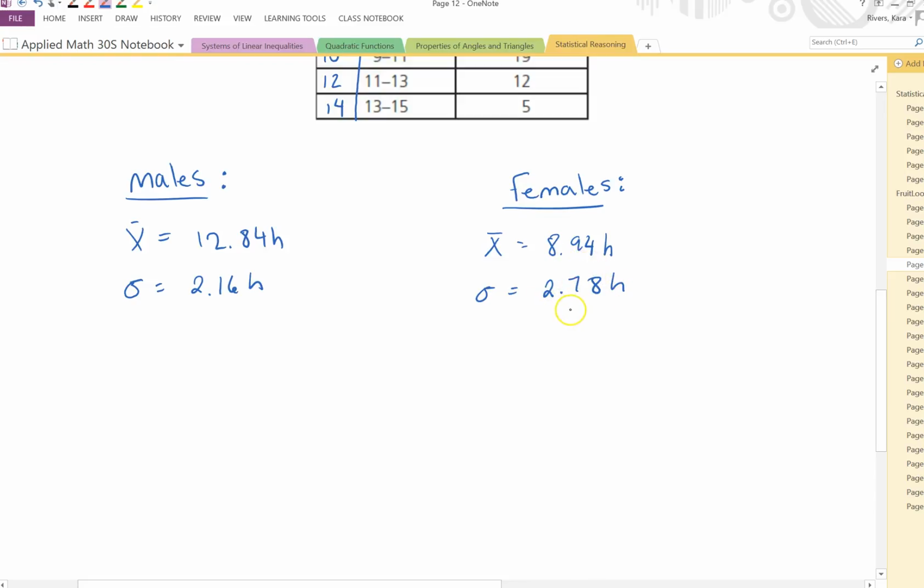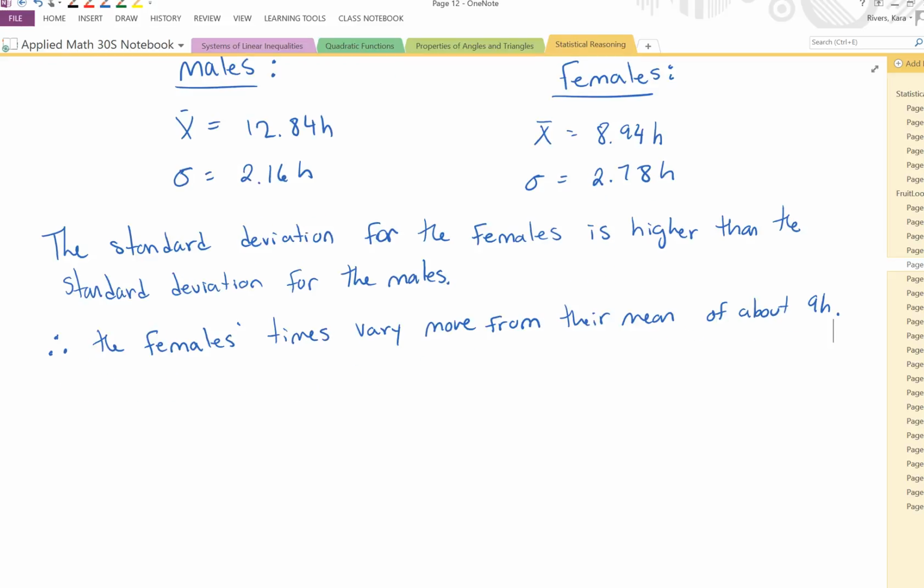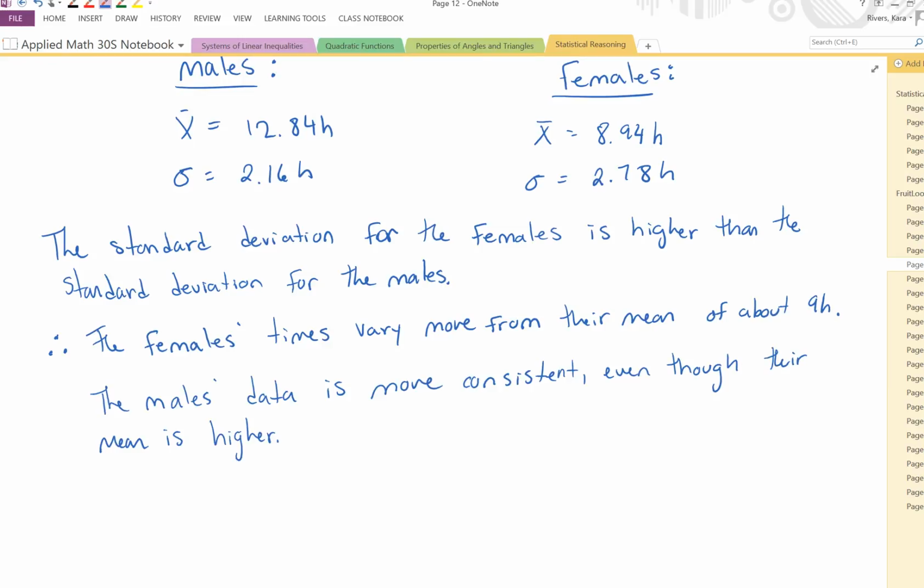There's a bigger dispersion. So it's almost a 3-hour difference between the averages. Summarizing our data, the standard deviation for the females is higher than the standard deviation for the males. Therefore, we conclude that the females' times vary more from their mean of about 9 hours. We can also conclude that the males' data is more consistent, even though their mean is higher.